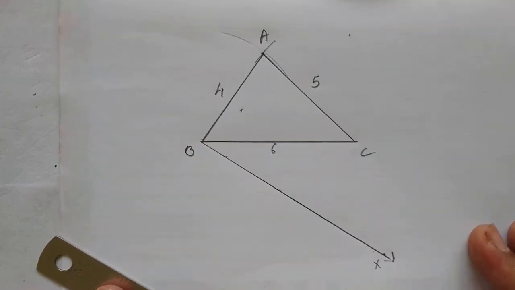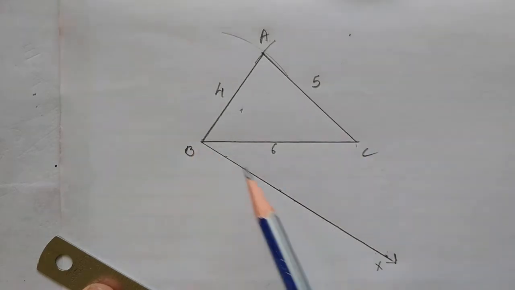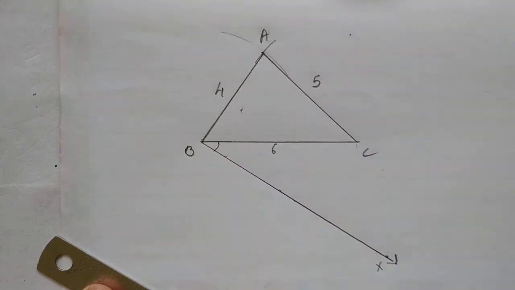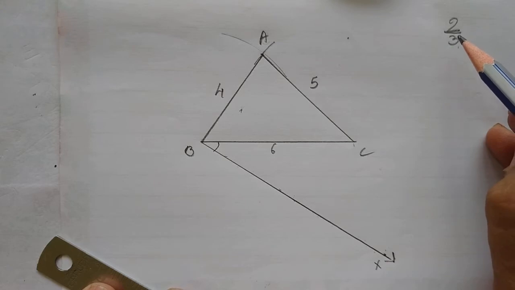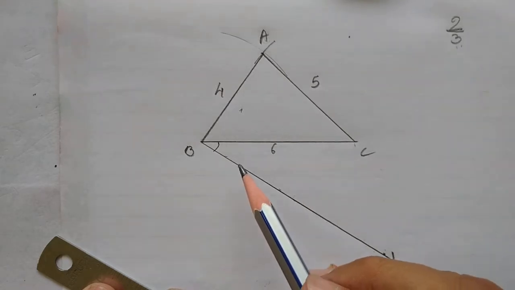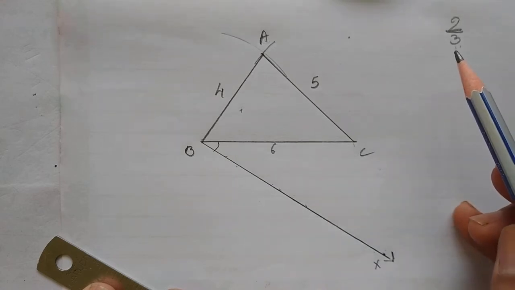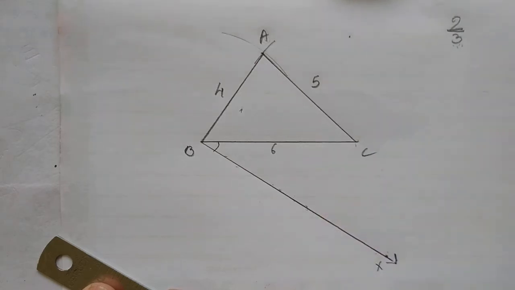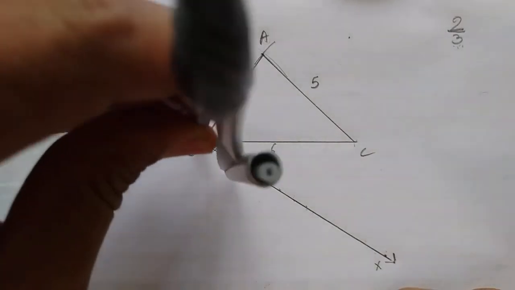Now it is asked, the ratio 2 by 3 is given. The maximum number is 3, so we have to find 3 points on this ray, and the denominator number is 3, that we have to join with C. Take any convenient radius.